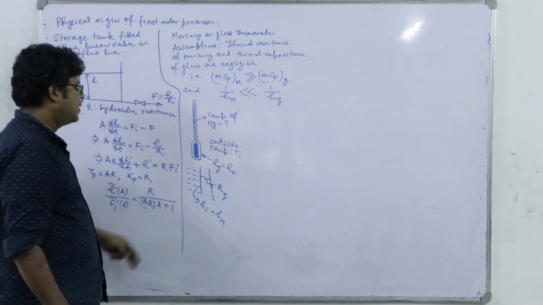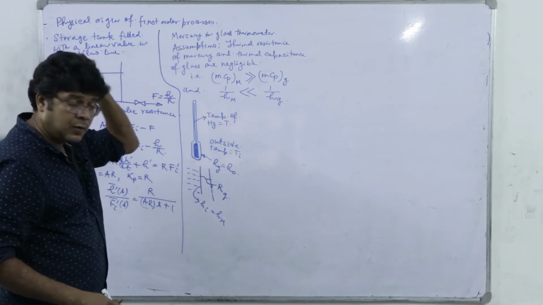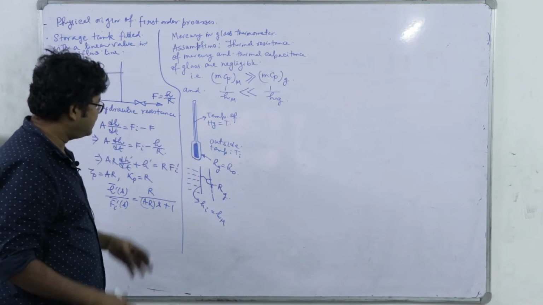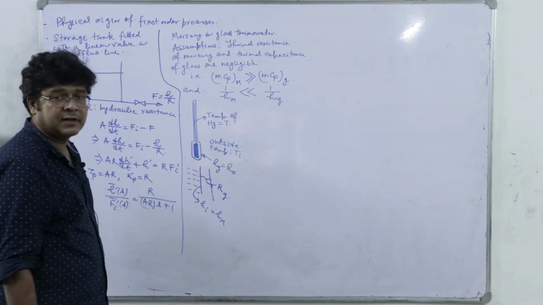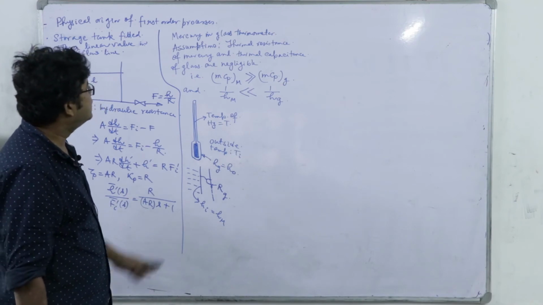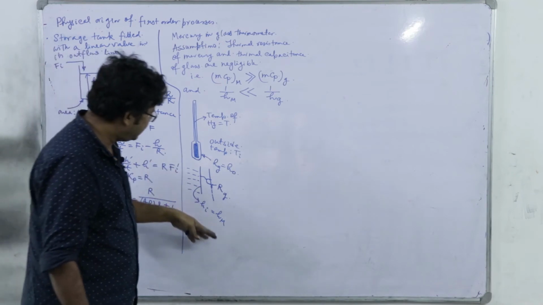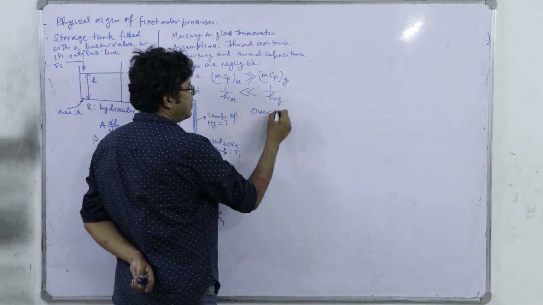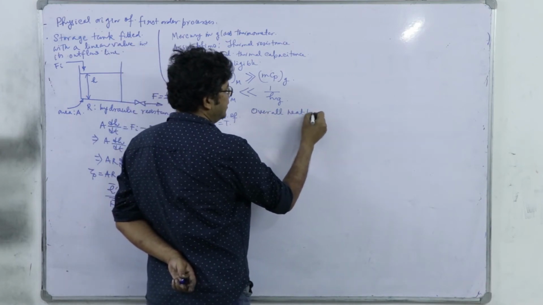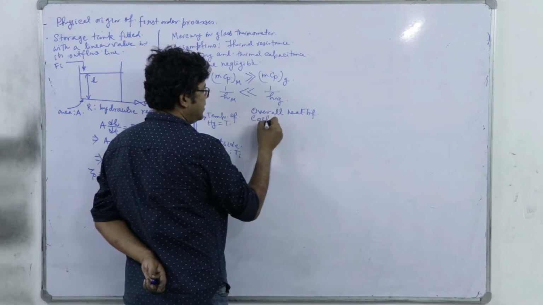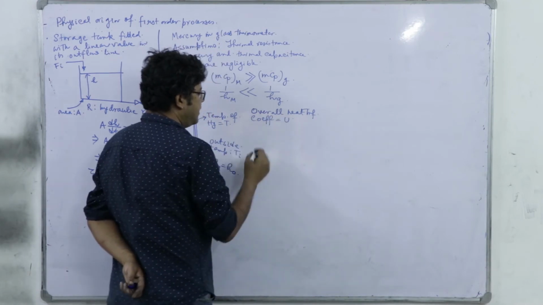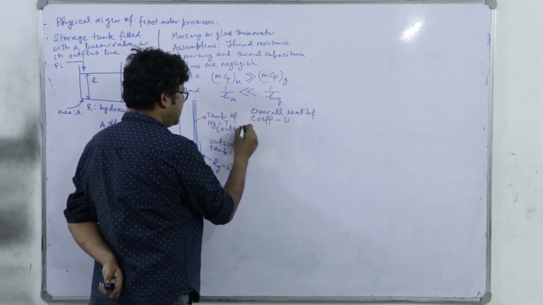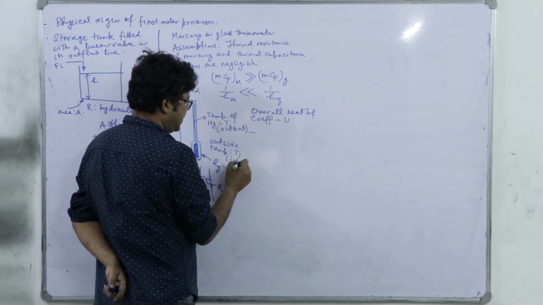So the overall heat transfer coefficient, basically from the inner side, will be the overall heat transfer coefficient. So we simply consider this overall heat transfer coefficient as U.